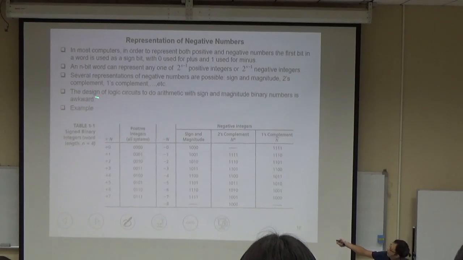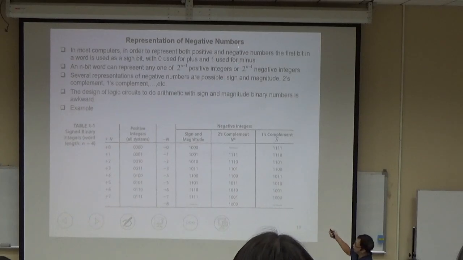The fourth item: the design of the logic circuit to deal with sign-negative binary numbers is overloaded. It means if you use this method, it will be highly complicated to do the logic circuit design. So we won't use this system to represent negatives.